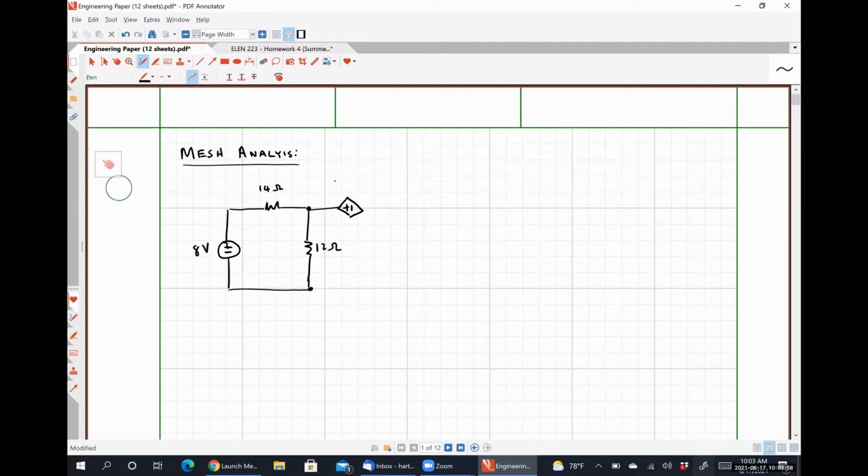I'm going to say that this is 3/2 IX. There's a 22 ohm resistor. A 5 ohm resistor. And a 10-volt source, positive polarity on bottom.